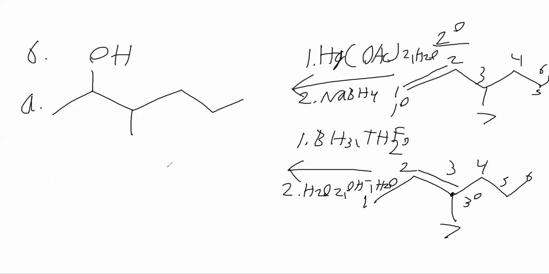And something I haven't really said today, but is important, is don't write this like this, because the numbers there are important. If you don't put the numbers, you're basically saying you added all of this and all of this into the same beaker or flask at the same time, and that probably wouldn't lead to what you want.